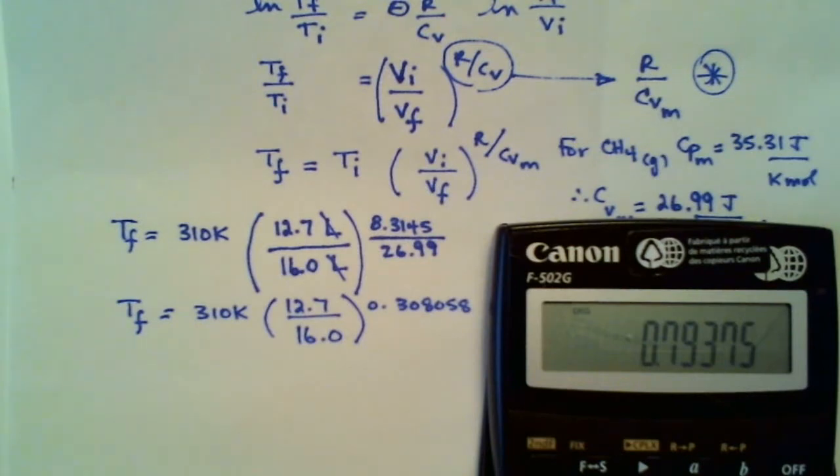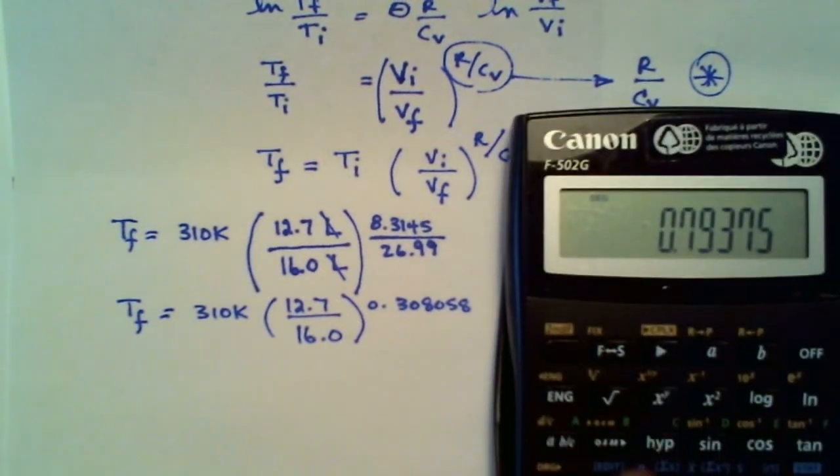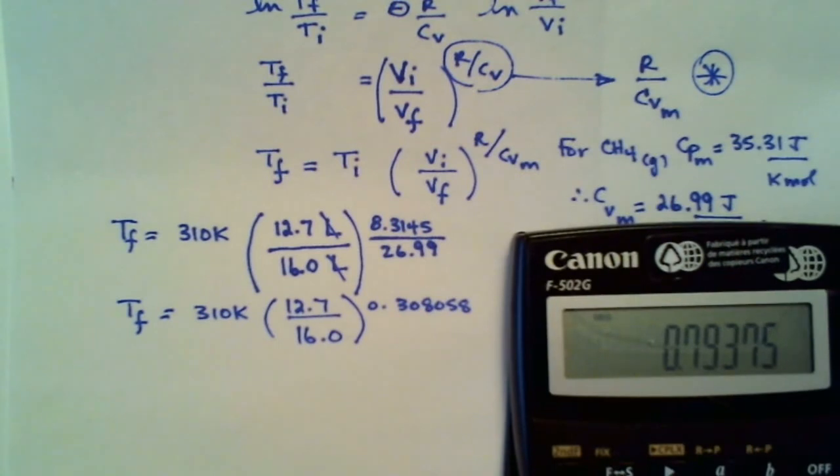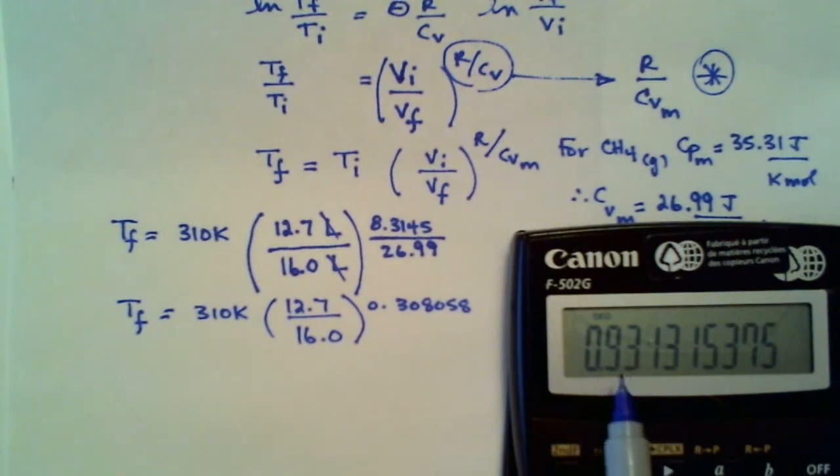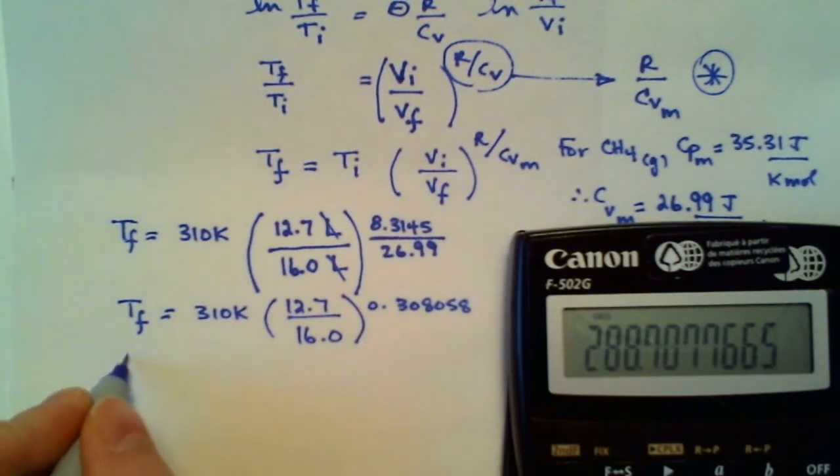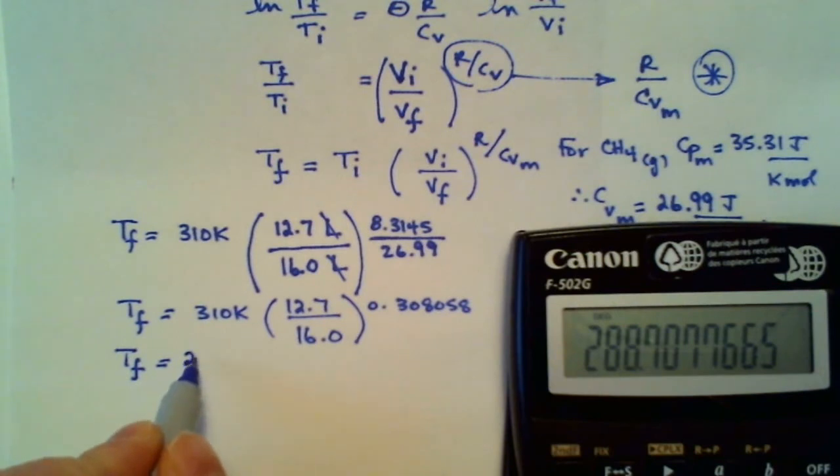So that's my x to the y. 0.308058. Okay, so I see that my new temperature is going to be just 93% of the initial. So 0.9313 times 310. There we go. So I am expecting a temperature drop. That's great. It's going in the right direction. Seems right.